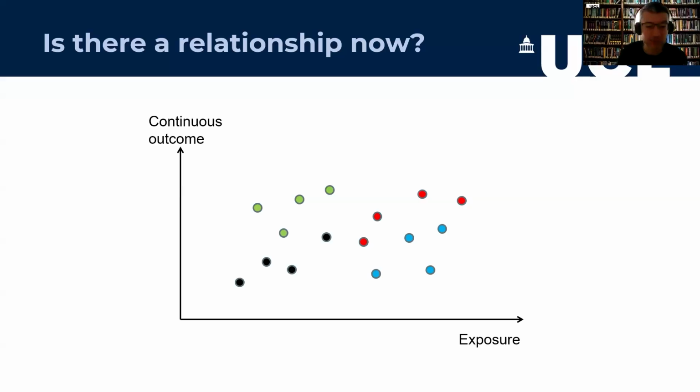Whereas if we tell our statistical software that this data comes from different schools or different countries, then it looks like there is a positive relationship between the exposure and the outcome that we have observed among these subjects.